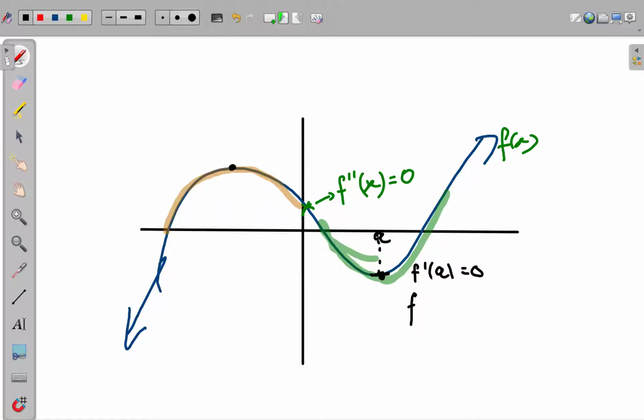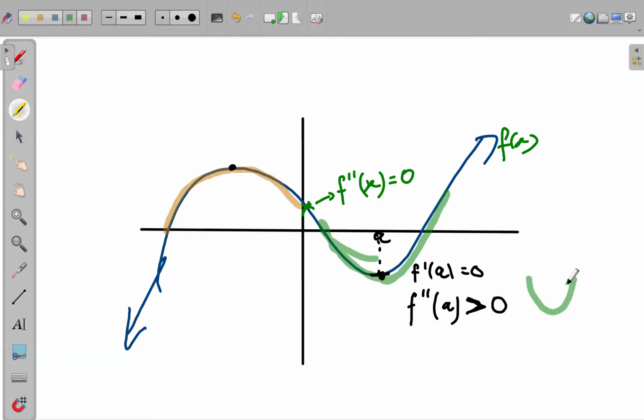So I will look for the second derivative at the exact same point. What I anticipate for a local min is that the second derivative should give me a positive number. So when the second derivative is positive, we are saying your graph has to be concave up, which means you have a local minimum.